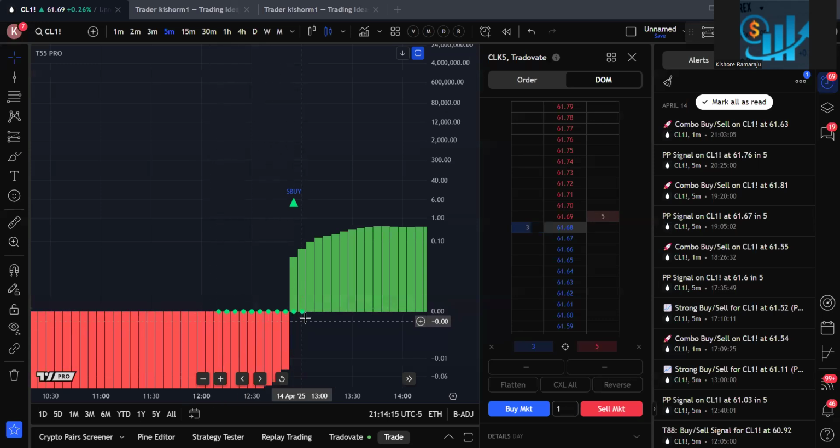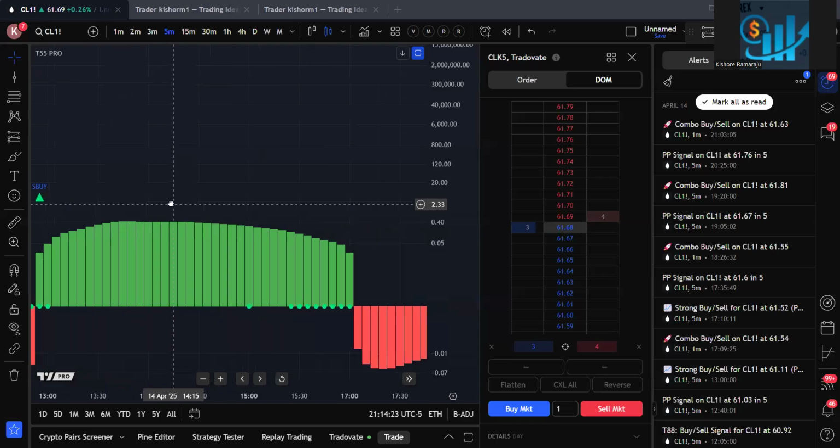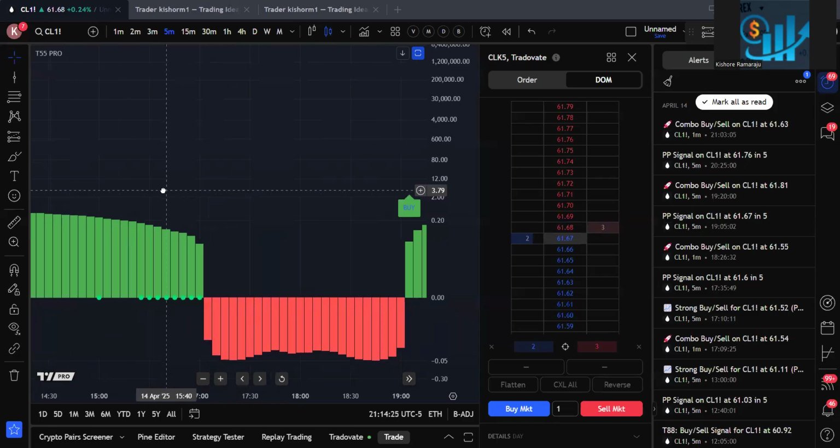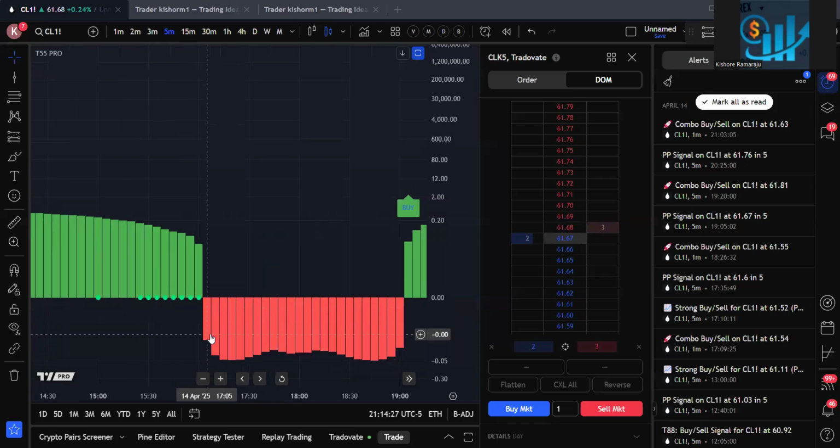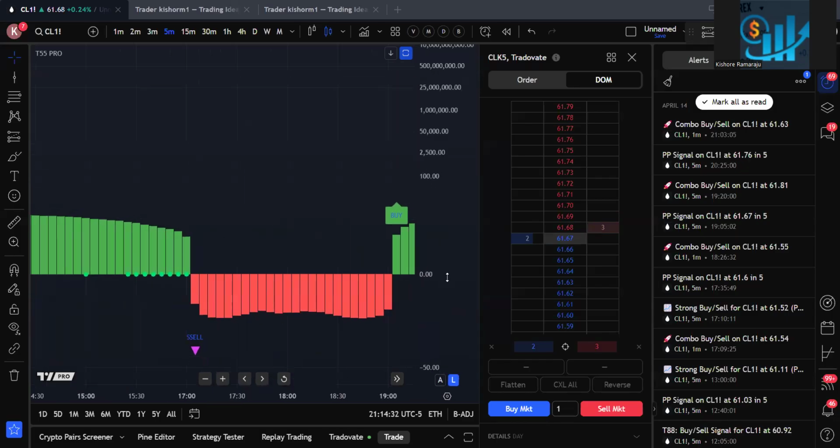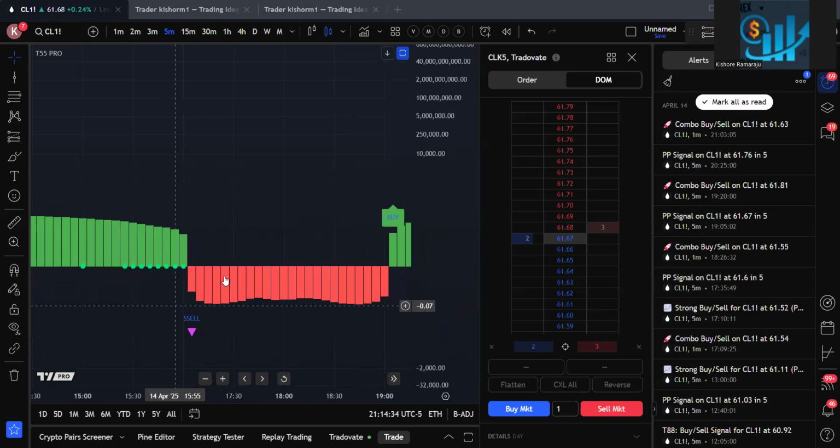That means now it is consolidation. Suddenly you got a strong buy. That means suddenly buyers took the control. Then it moved huge. In the same way, when there is a consolidation, sellers took the control. Again, it's a strong sell.